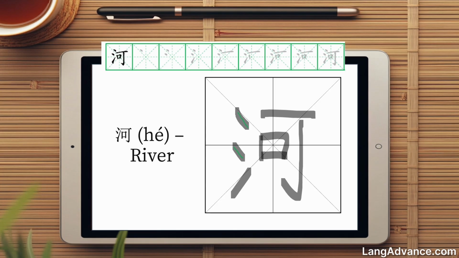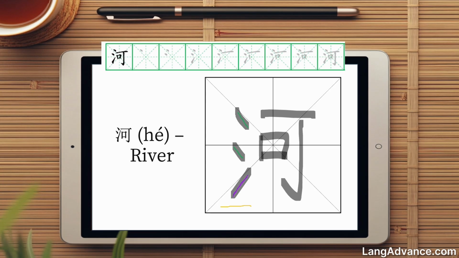And lastly, we will have the 提, okay, rising up. And it will be a little bit longer than the top one. So whatever that is at the bottom will be a little bit longer. Cool. That's how you write the 三点水, the 3 drops of water. Okay, and that is your radical part.